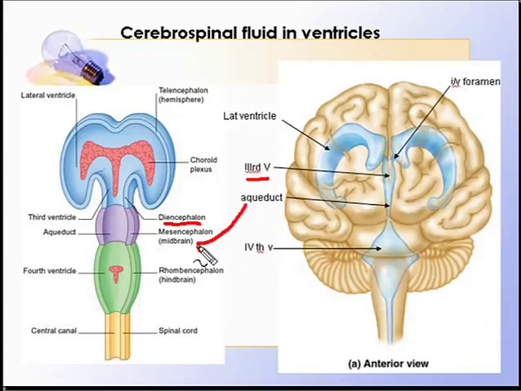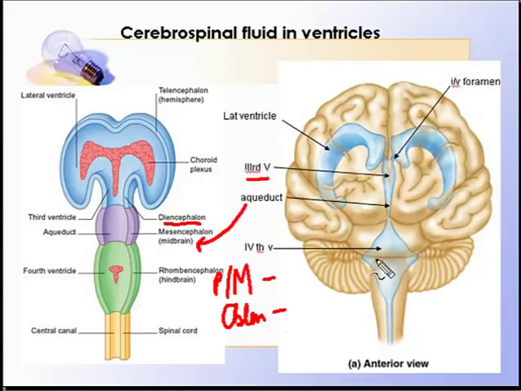And then the aqueduct becomes continuous with the fourth ventricle, which is related to the pons and the medulla ventrally and the cerebellum dorsally. So these three are related to the fourth ventricle. The fourth ventricle continues with the central canal of the spinal cord. So this is all inside the brain.